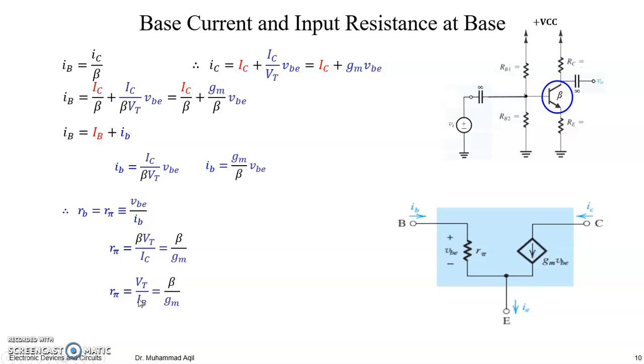So this also proves that your AC collector to base to emitter voltage, which needs to be amplified, will be depending highly on your biasing as well, right?